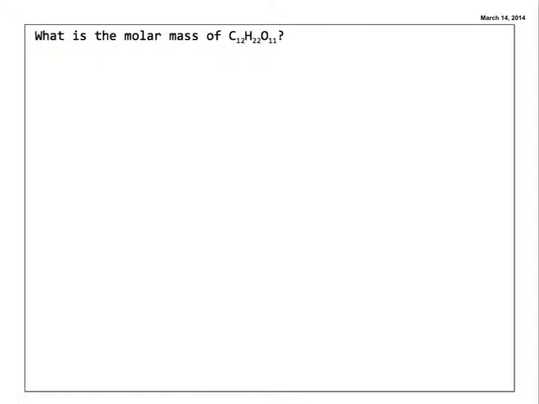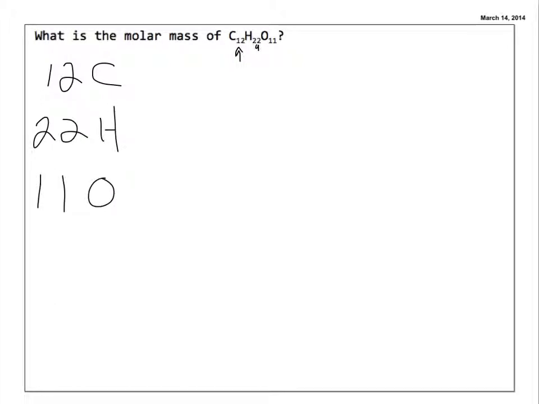So another molar mass problem, we have C12, so that's 12 carbons, H22, and 11 oxygens. That's what these little numbers tell us. So carbon, 12 times 12 grams is 144 grams. Hydrogen is 22 times 1, which is 22.